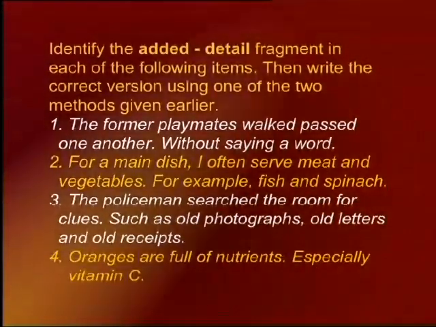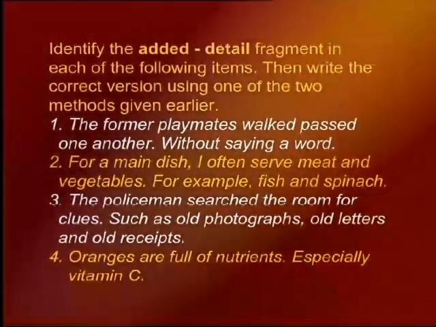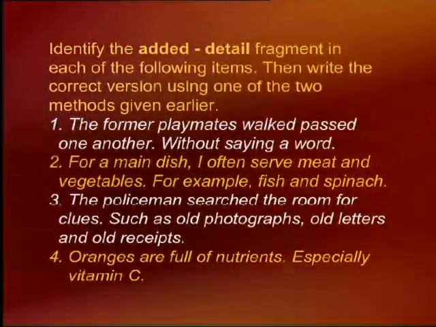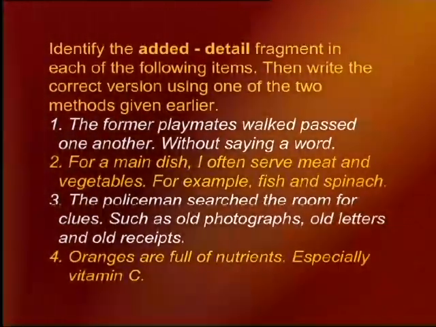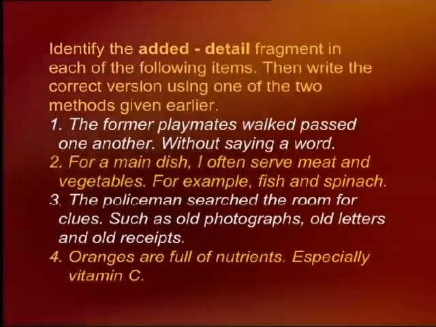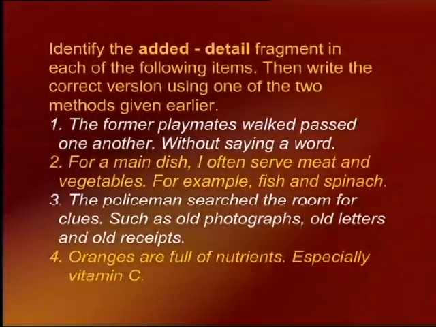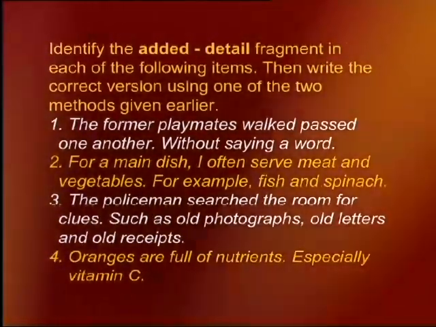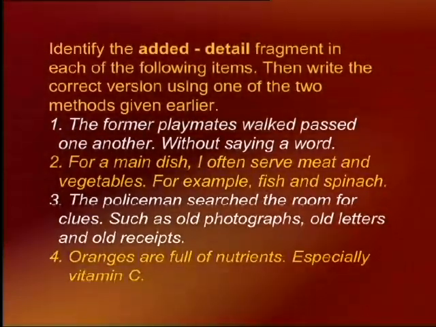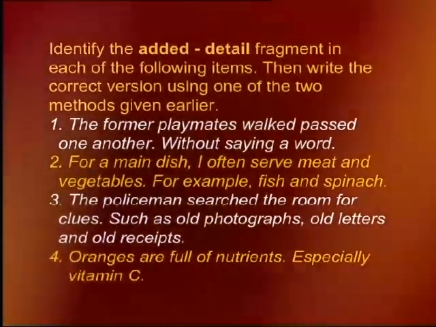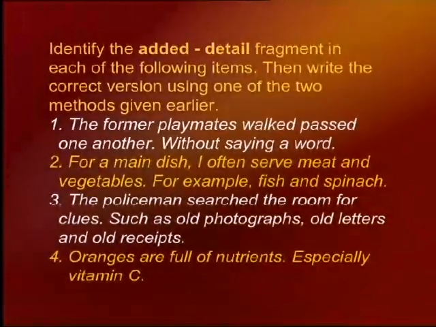The policeman searched the room for clues such as old photographs, old letters, and old receipts. Number 4: Oranges are full of nutrients. Full stop. Main sentence. And the dependent part, the fragment part, is especially vitamin C. You can correct this by writing, oranges are full of nutrients, especially vitamin C.